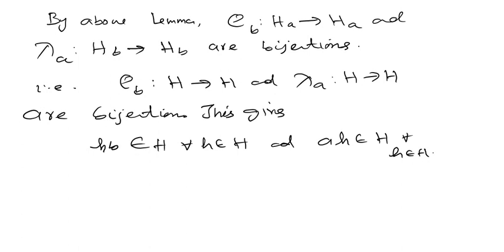This again gives that HB is in H and AH is in H. Now again we apply the same lemma here, so for each h, lambda h and h are related.